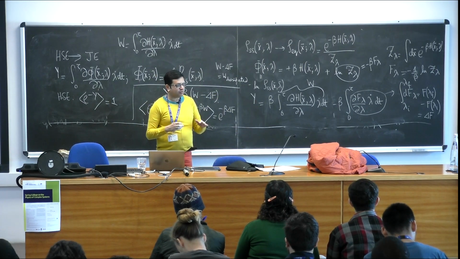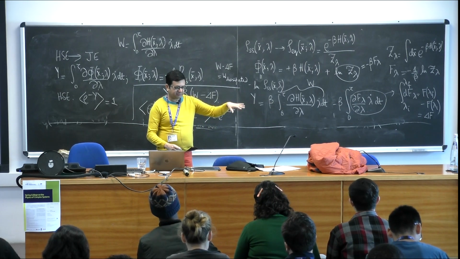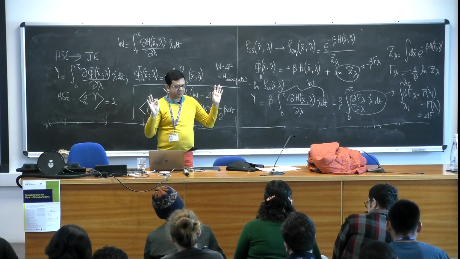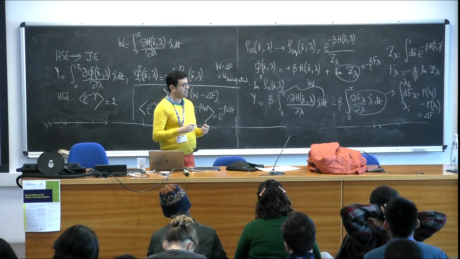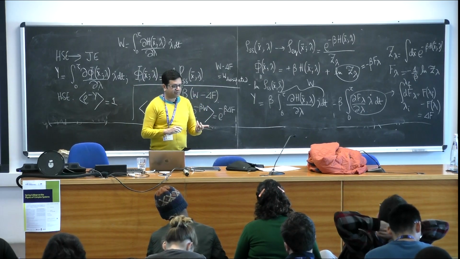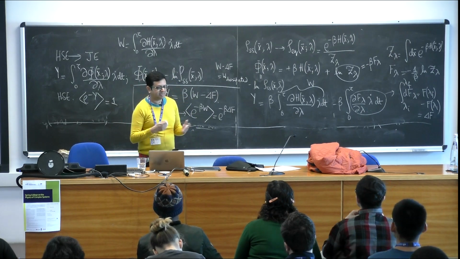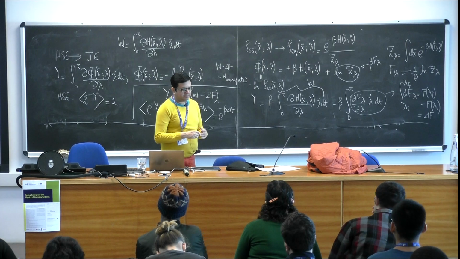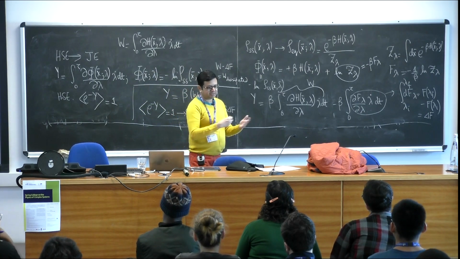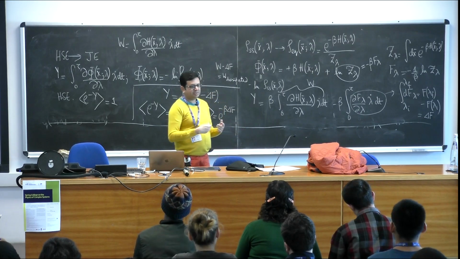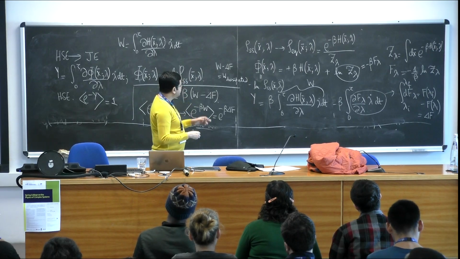So what it says is that whatever work I do on the system, a part of it goes into increasing the free energy of the system, and the part of it just gets lost, goes for a ride. That is the dissipated work, and the way one understands it is by saying that a part of the work that you do on the system is used up in fighting against some dissipation, some friction, some irreversible processes that are there. So this is W dissipated.